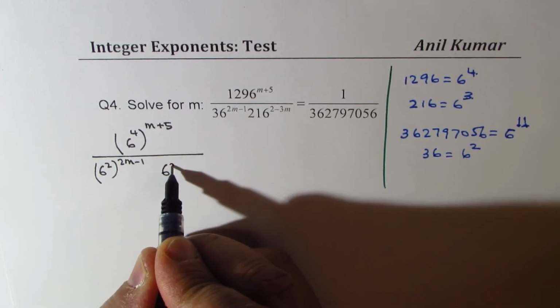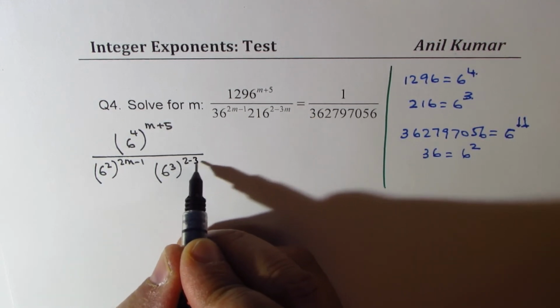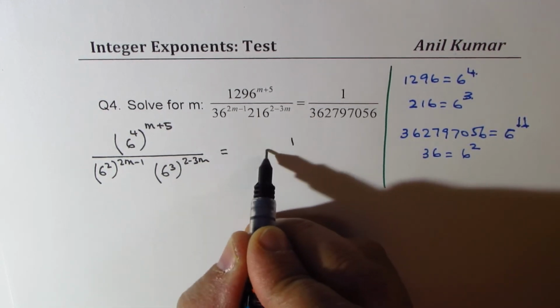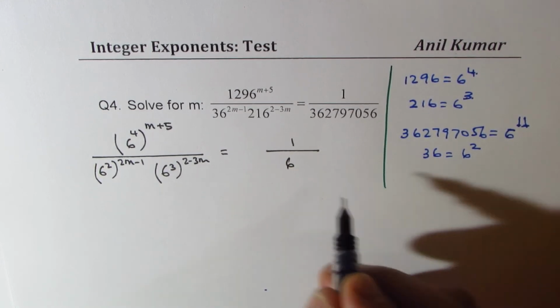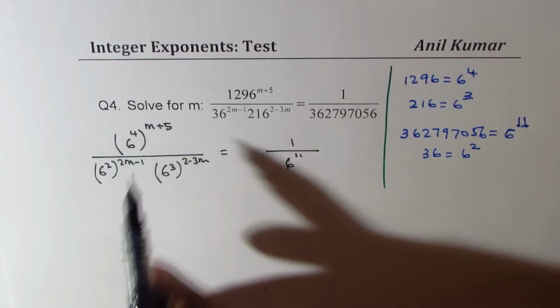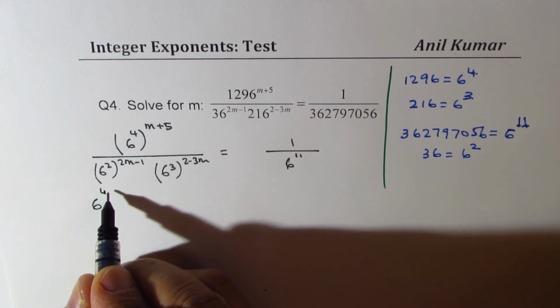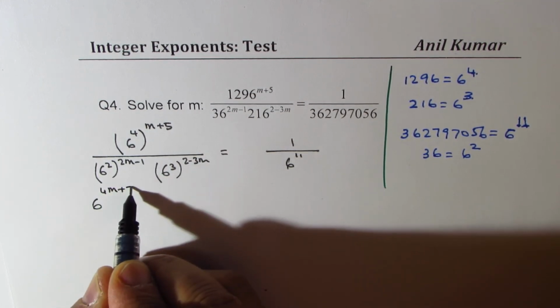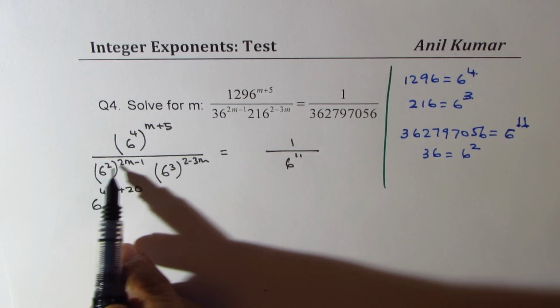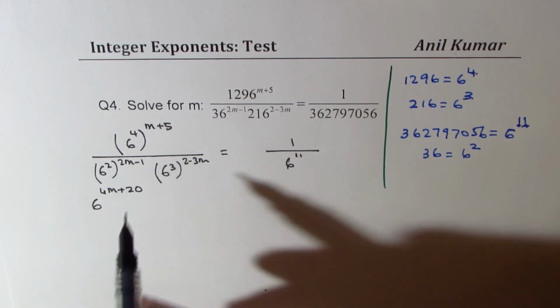So we have 6 cube to the power of 2 minus 3m equals to 1 over 6 to the power of 11. Do you see that? Now it is much better. So let's multiply all these. So we get 6 to the power of 4m plus 20.